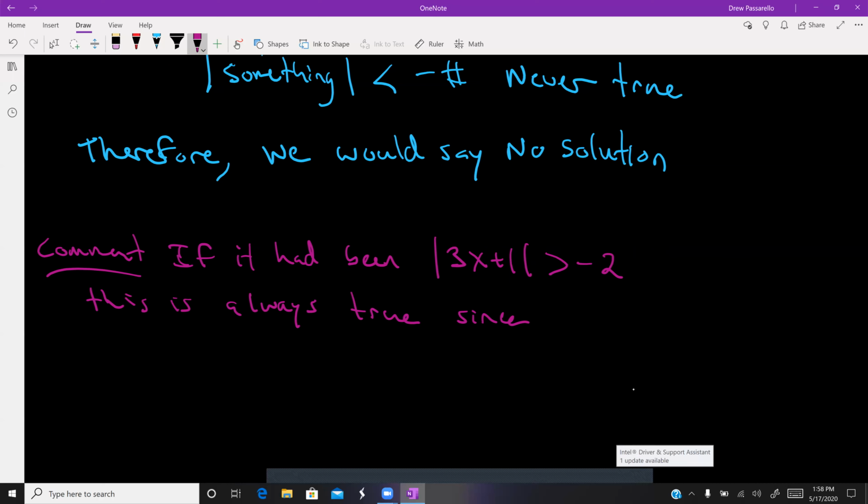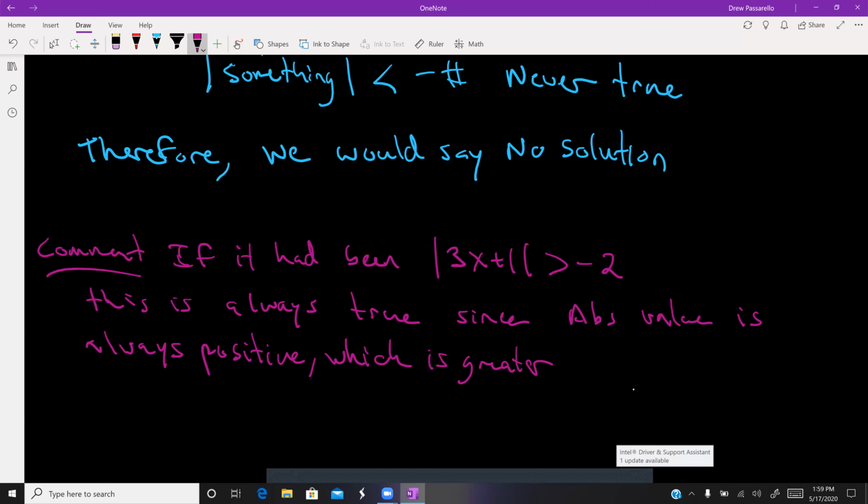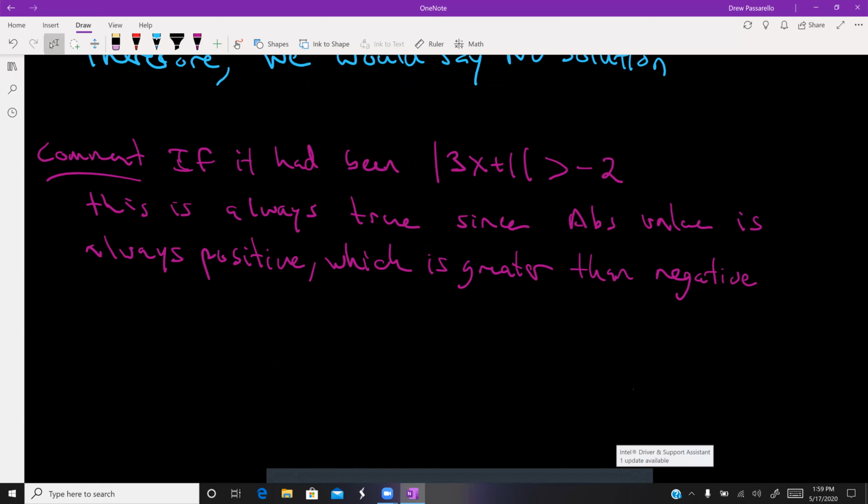Since it's positive, it's greater than a negative number. So had this been the case, we would say there's infinitely many solutions.